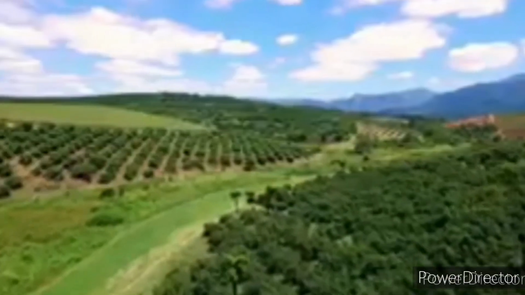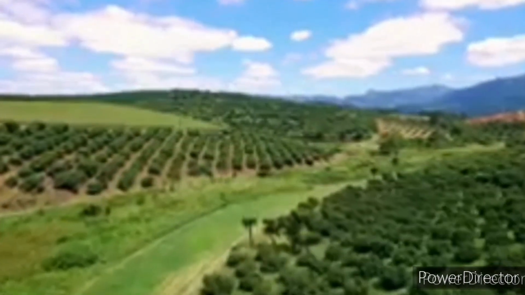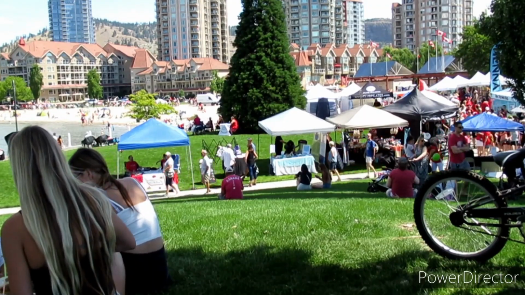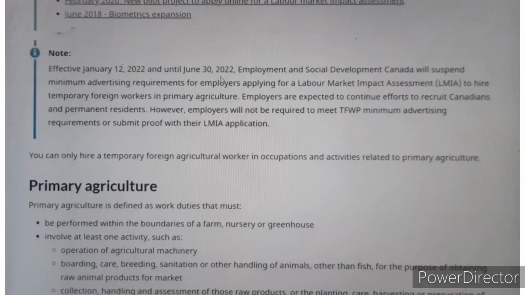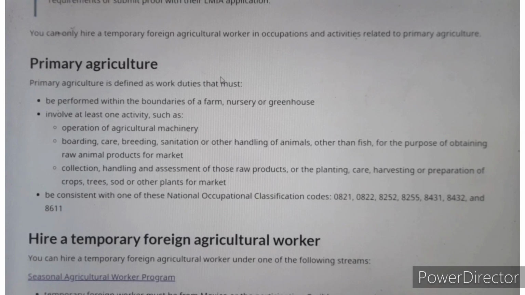The jobs should be under primary agriculture, and these have NOC codes 0821, 0822, 8252, 8255, 8431, and 8611. These are the primary agriculture jobs you can apply for and get a free visa to move to Canada. However, you need to pay for your work permit, which is 155 Canadian dollars.